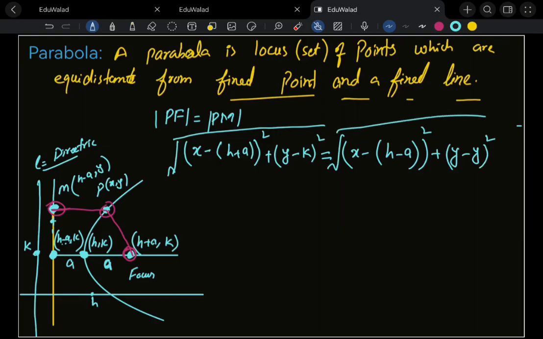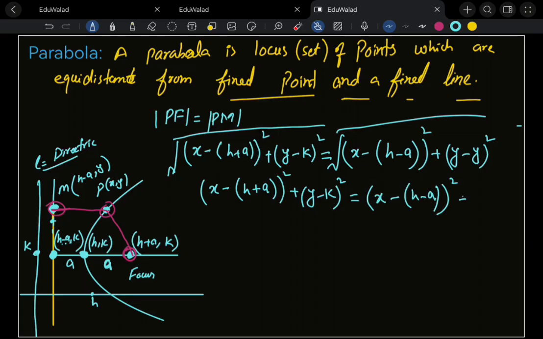Squaring on both sides, we will get x minus h plus a whole squared plus y minus k whole squared, which equals x minus h minus a whole squared plus 0. So y minus k will remain here.